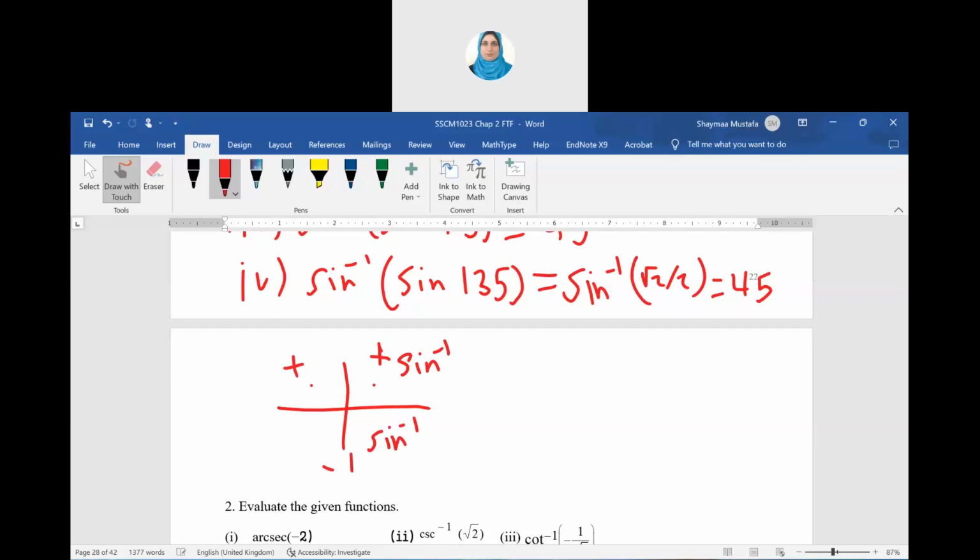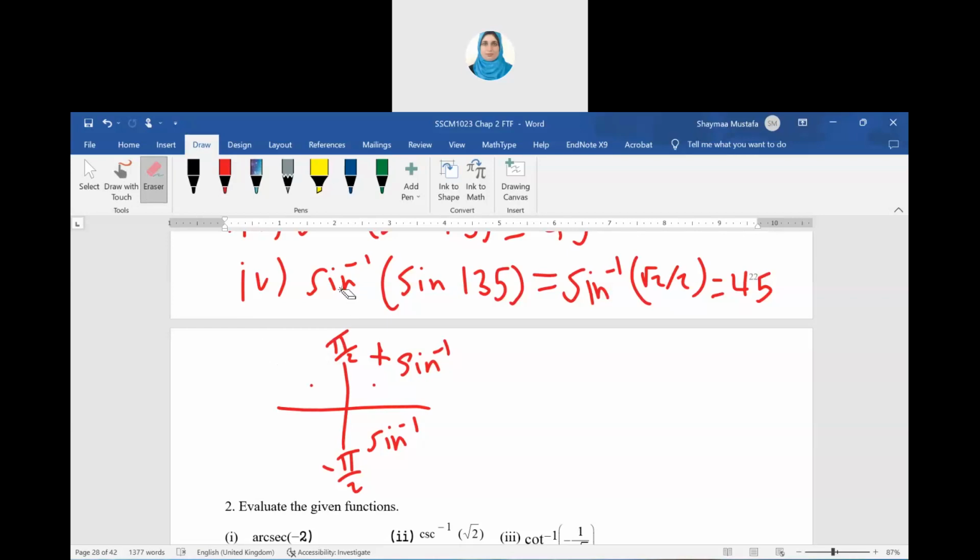Sine inverse is from minus pi over 2 to pi over 2. So it is from the first quadrant and last quadrant. So if I need to choose a value, for sure I will not choose the value in the second quadrant. This one I have to delete.